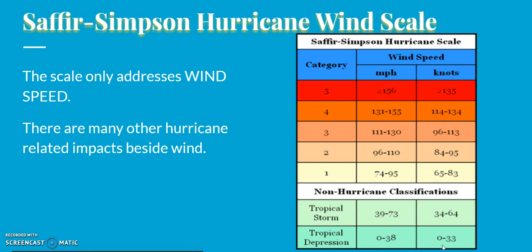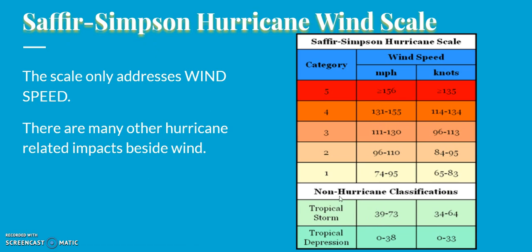This column is in knots, or nautical miles per hour. That's a little bit different. I would make sure that you pay attention to miles per hour. So 0 to 38 miles an hour. Tropical storms are 39 to less than 74. If their sustained winds are in this category, they will be classified as a tropical storm.